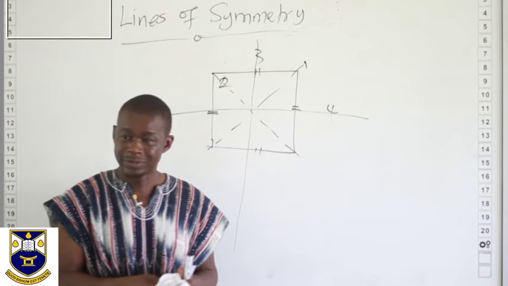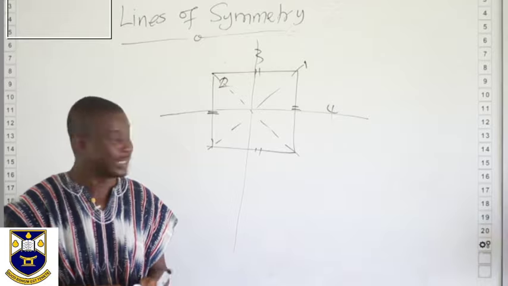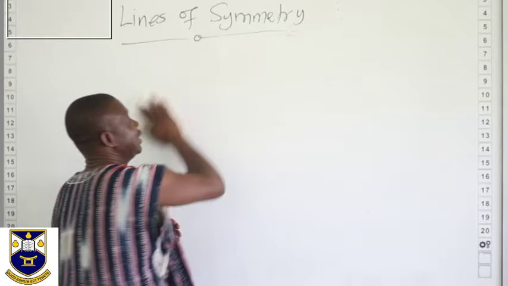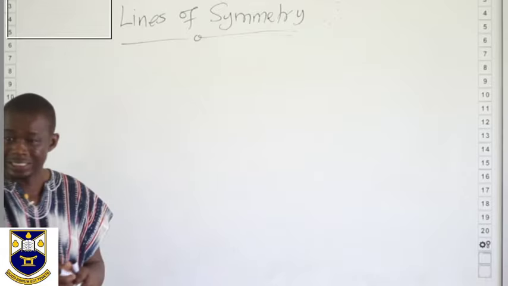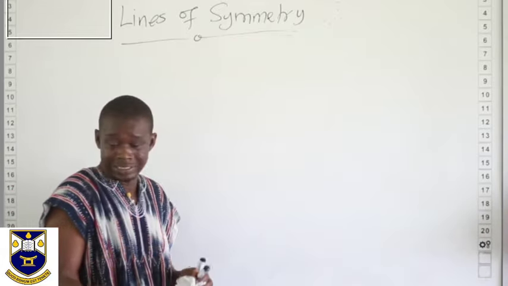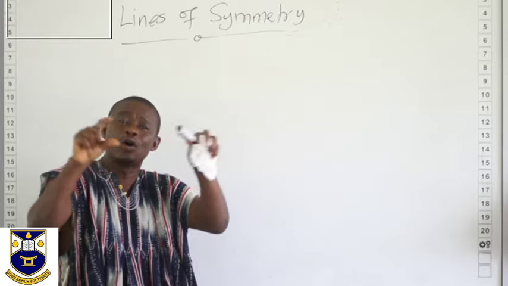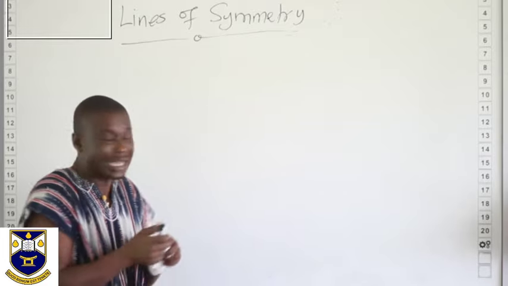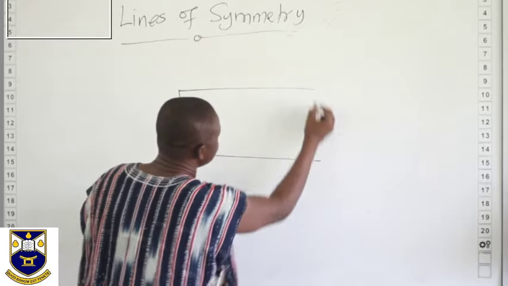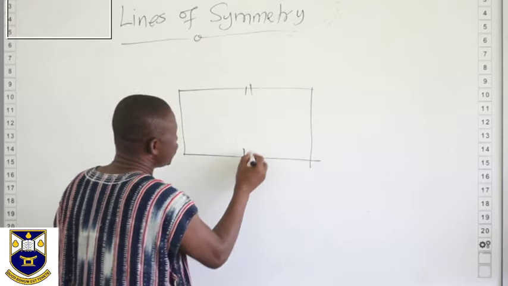Now let's move on to a rectangle. As I was demonstrating on the board, a rectangle is also a four-sided figure. But the difference between a rectangle and a square is that the square has all the four sides equal, but the rectangle has two opposite sides equal. This side here is equal to this side.